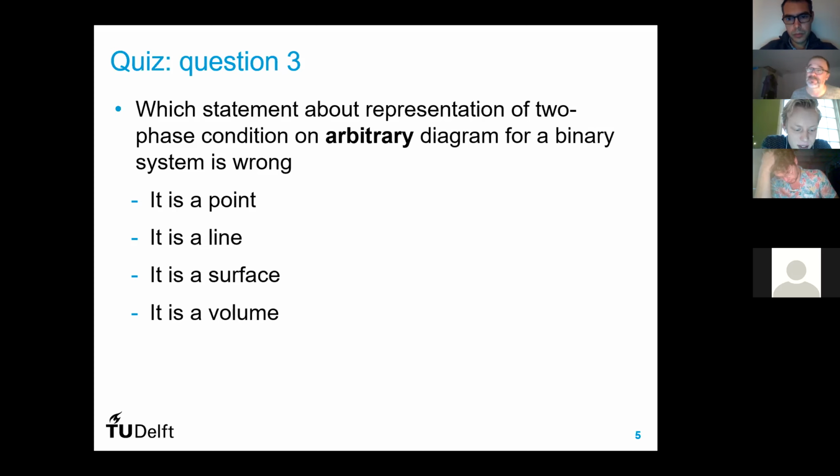Okay? But remember, you can plot a phase diagram as a plane in 3D space for the binary system, but you also can plot it not as a surface, but as a volume. So there are all kinds of possibilities to plot the diagram.